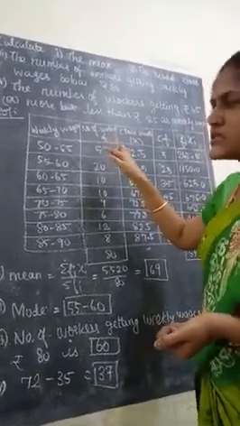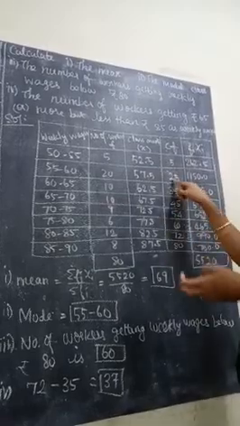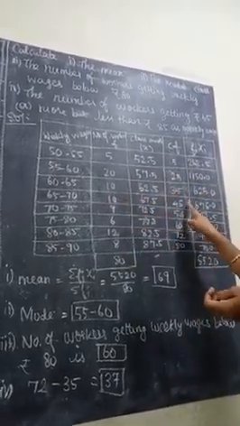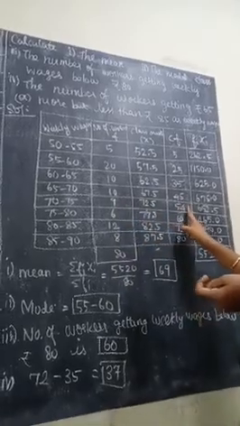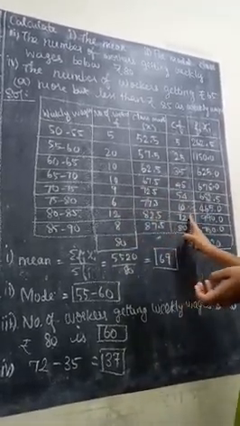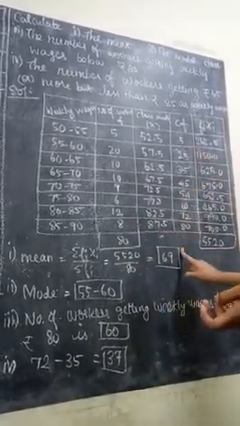Compare the frequency. 5 plus 20 is 25, 25 plus 10 is 35, 35 plus 10 is 45, 45 plus 9 is 54, 54 plus 6 is 60, 60 plus 12 is 72, 72 plus 8 is 80. This is the cumulative frequency.